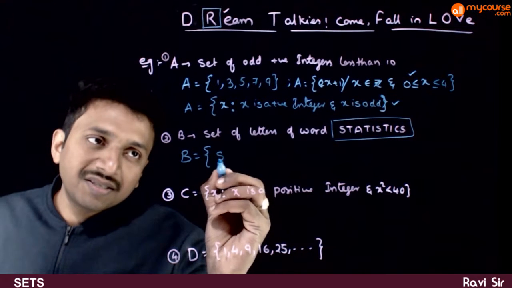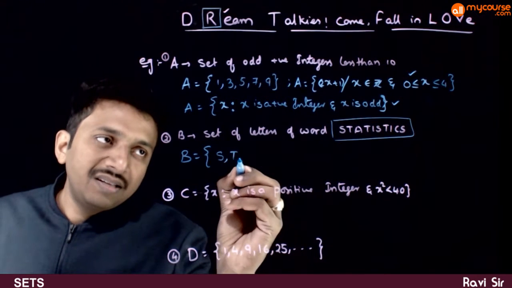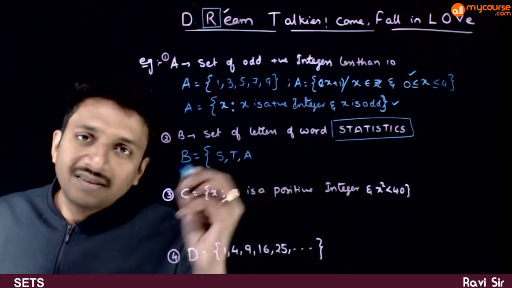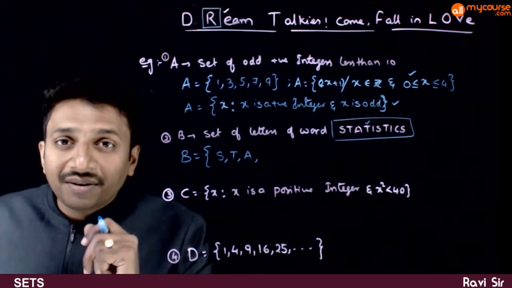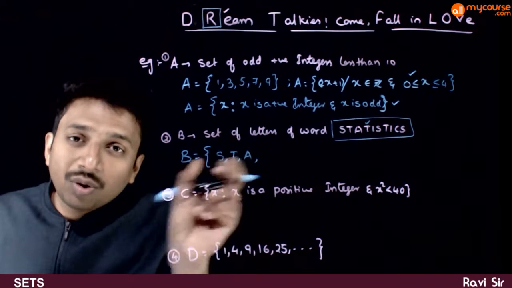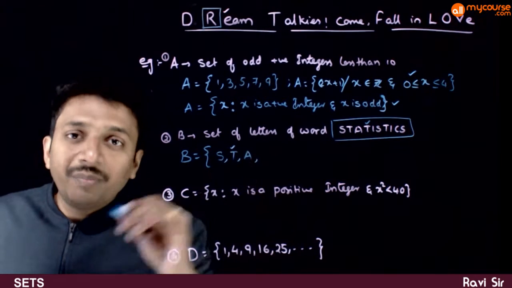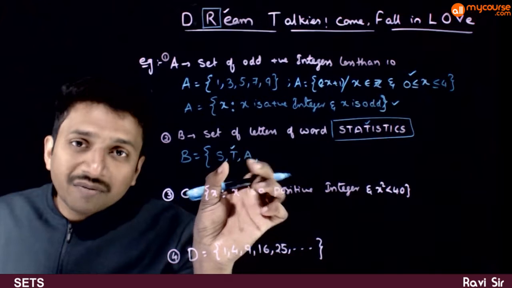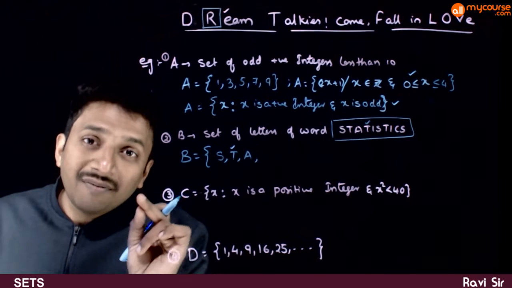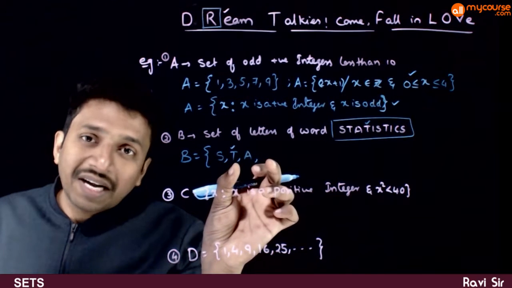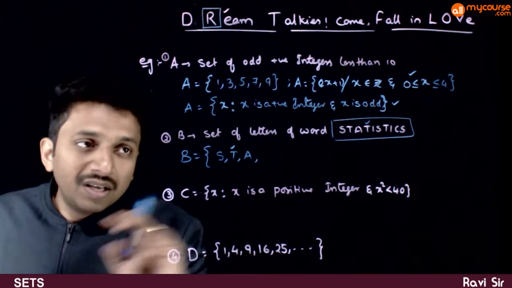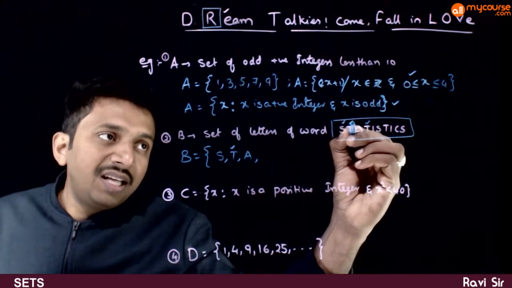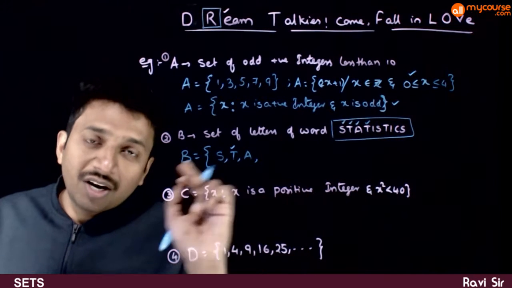You have an S, you have a T, you have an A, so you have a T again. So you cannot write T again here, because once you write the roster form, the elements cannot be repeated, because the elements of a set have to be well defined and well distinguished. So I cannot write a second T, then these two T's will not be well distinguishable. So S, T, A, so this T has already been listed.